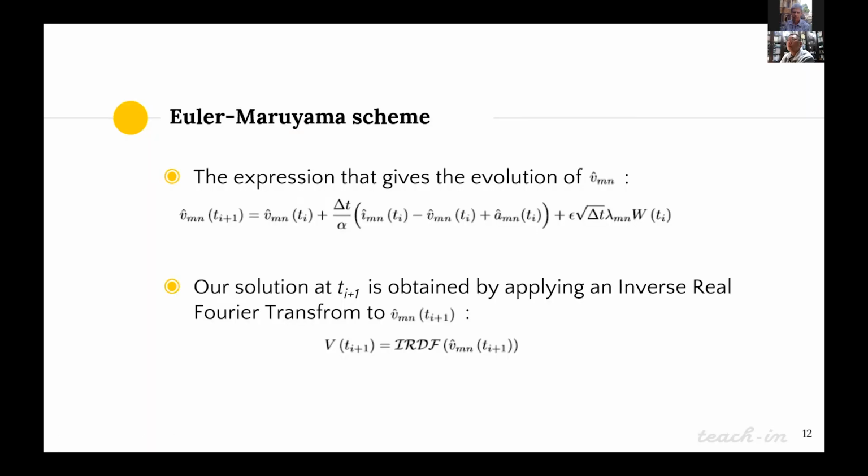So, as we apply the Galerkin method, the original equation is reduced to a system of stochastic differential equations. And then to solve each of these stochastic equations, which has this form here, we use the so-called Euler-Maruyama method, which is a standard method for stochastic differential equations. It's a generalization of the Euler method to the case of a stochastic equation.